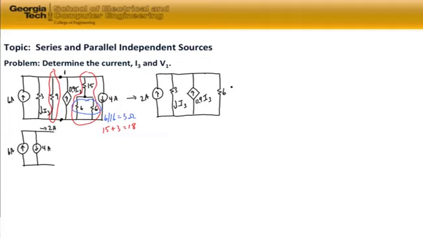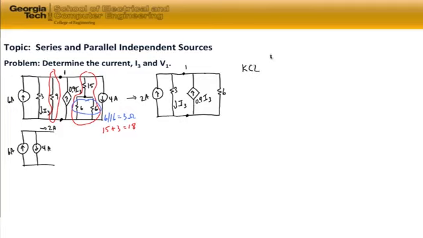Now it's a little easier to write our nodal equation for node 1 at the top of our circuit. We're going to use Kirchhoff's current law, since it's now a 2-node circuit, a node at the top and our ground node at the bottom.